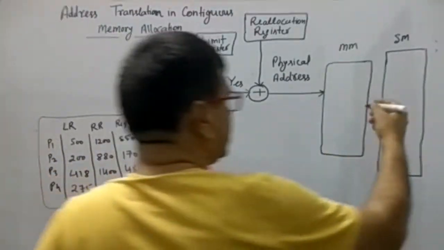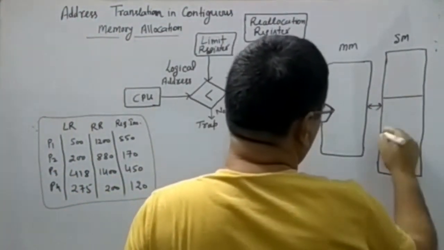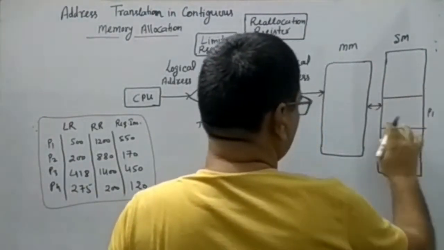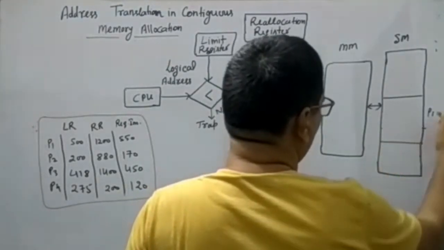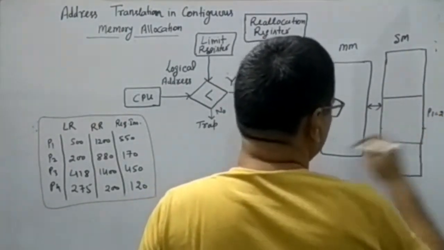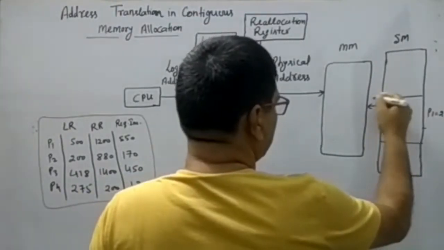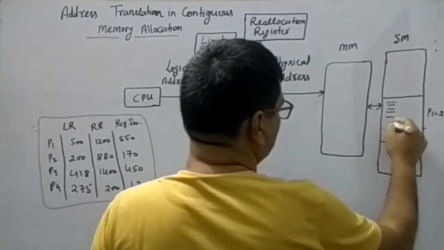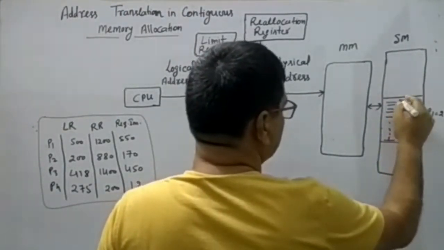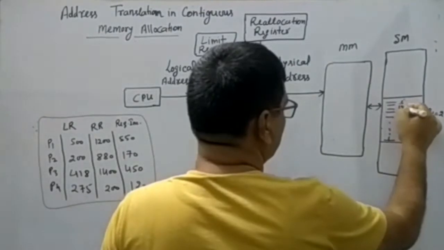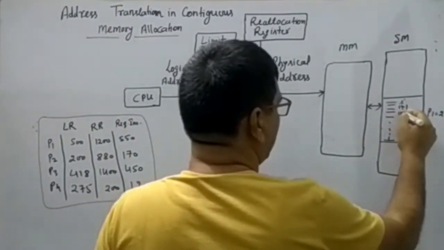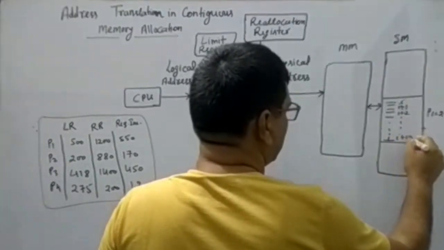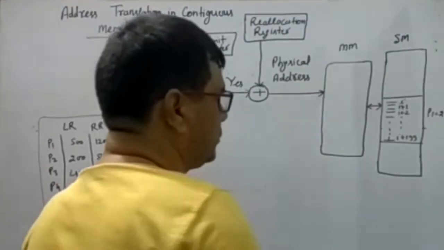For example, let a process P1 be in the secondary memory, and it has 200 instructions. Let the address of the first be I, then I plus 1, then I plus 2, and so on up to I plus 199.